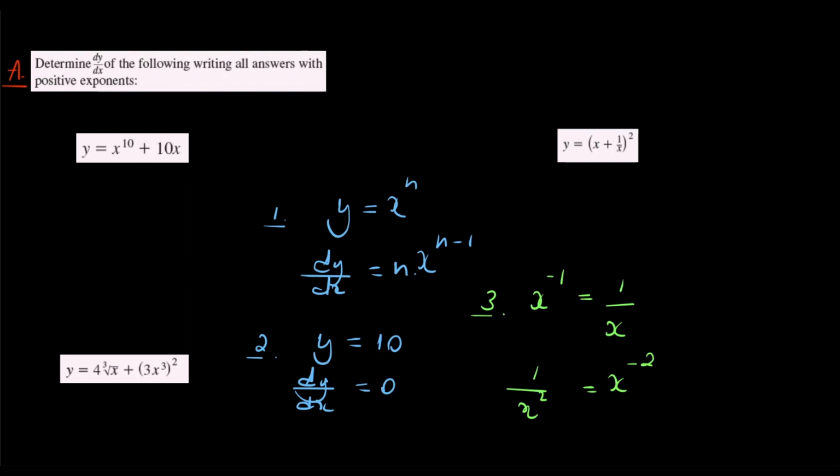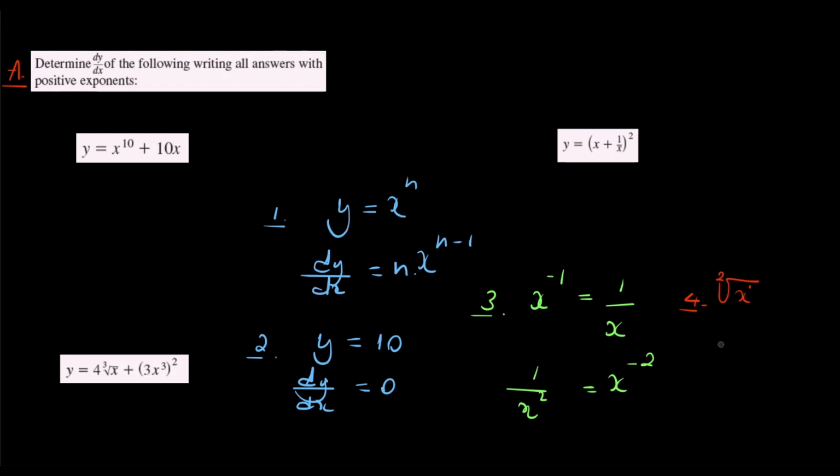And also fourthly, we'll be using as reference when you're given a square root, for example, square root of x. What we need to know is that on the inside, if the exponent is not written, it's always 1, and then on the outside, if it's not written, it's 2.